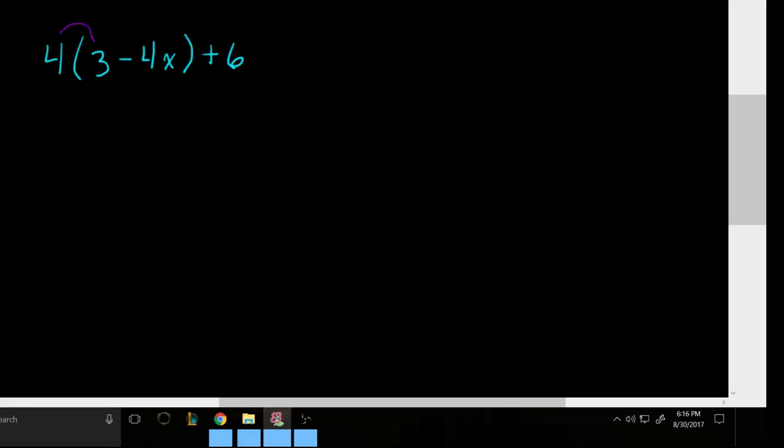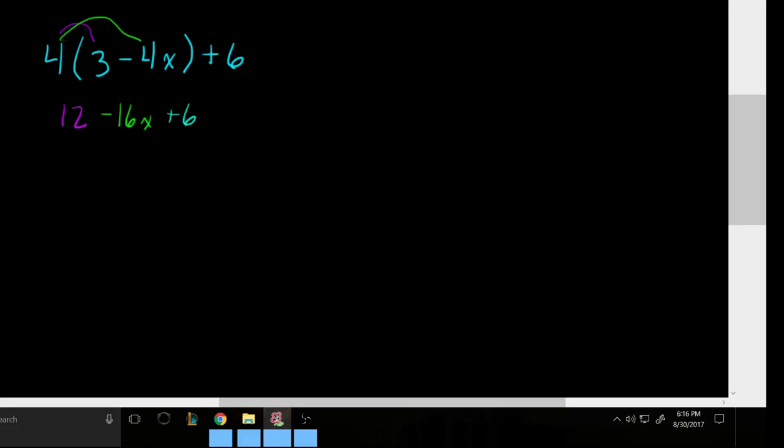So we'll do 4 times 3, and then we'll do 4 times negative 4x, excuse me. So 4 times 3 is going to give me 12. And 4 times negative 4x is negative 16x. I'll go ahead and bring down the rest of my equation, which is that plus 6.